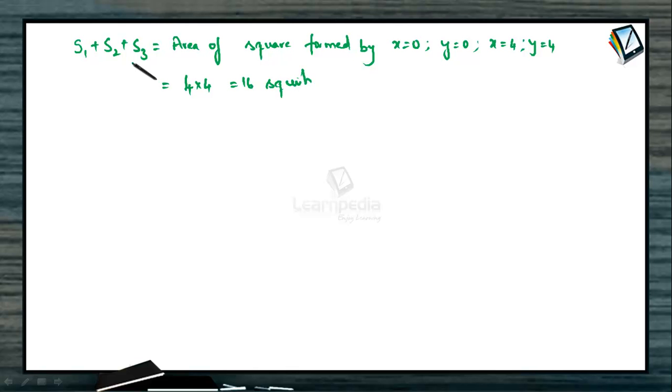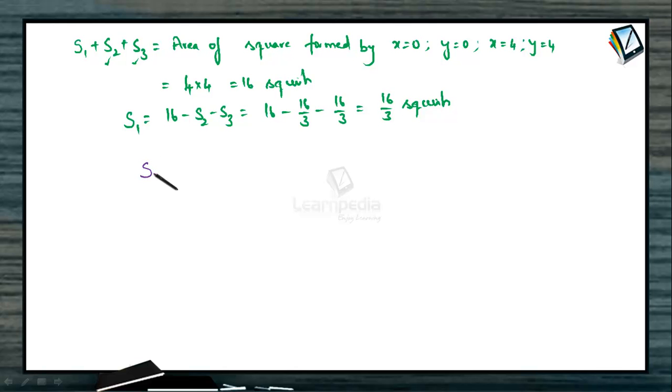Now out of this we know the values of S3 and S2. So can we calculate S1 now? S1 would be 16 minus S2 minus S3. That is 16 minus 16 by 3 minus 16 by 3, which is again 16 by 3 square units. So this gives us the area of the region S1 also.